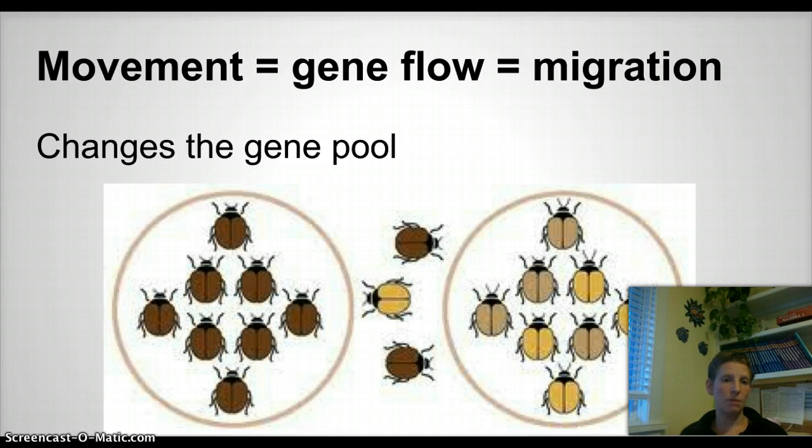So over time the gene pool will change. And then we talked about artificial selection, like in the dog breeding, where we choose 2 different breeds of dogs to mate so that their offspring will have certain traits. And we've also talked about how that could be done with vegetables.